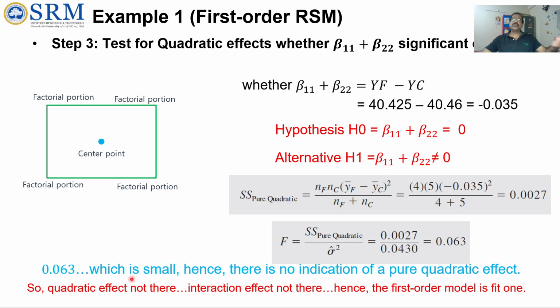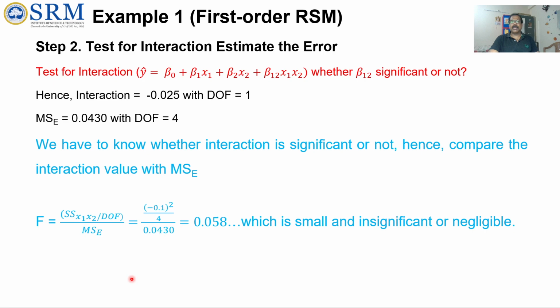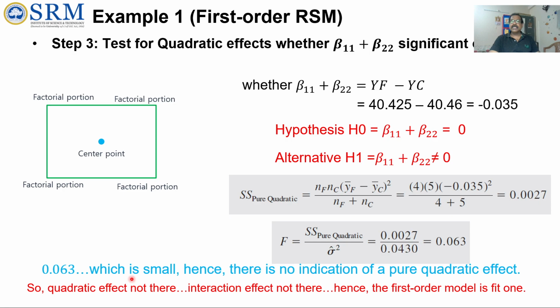Usually in ANOVA, f values come like 20, 30, 14, 15, but here it is very small. In the previous step we got 0.058, which is negligible. Similarly, the quadratic effect f value of 0.063 is also small. Hence there is no indication of a pure quadratic effect. So the quadratic effect is not there, the interaction effect is not there, hence the first order model is fit.